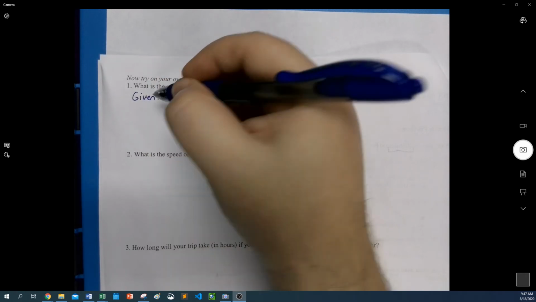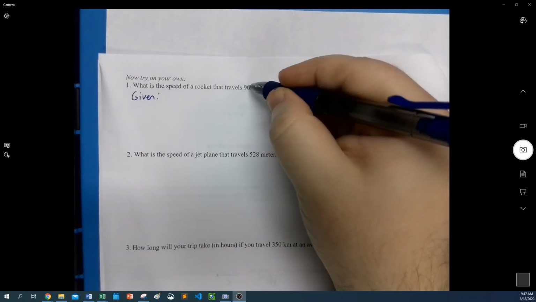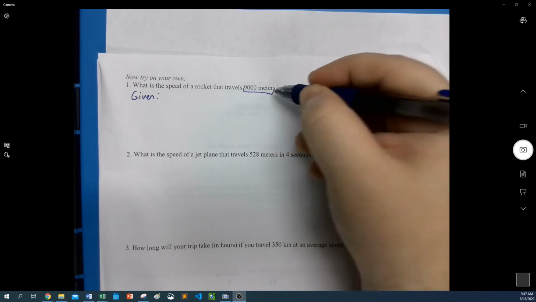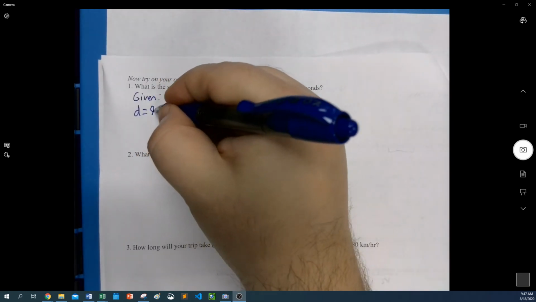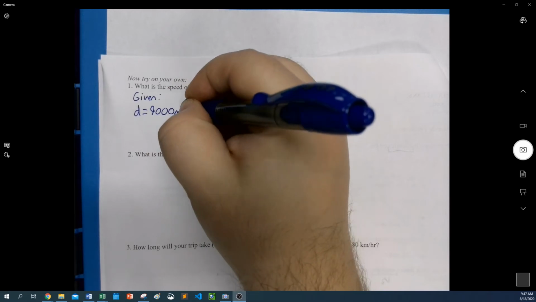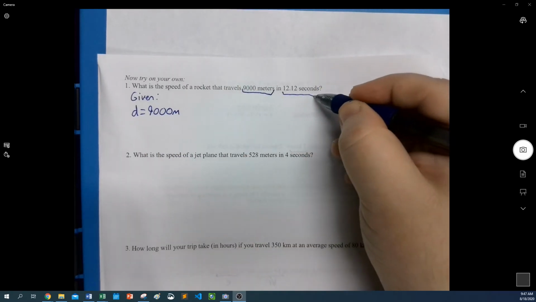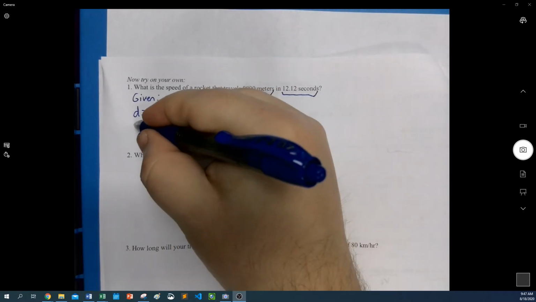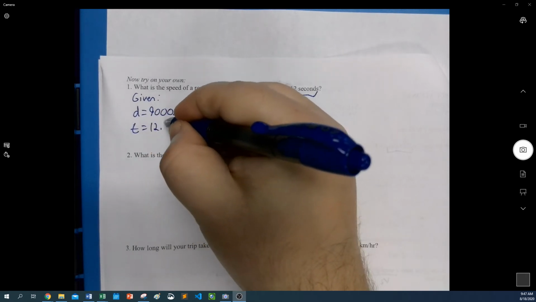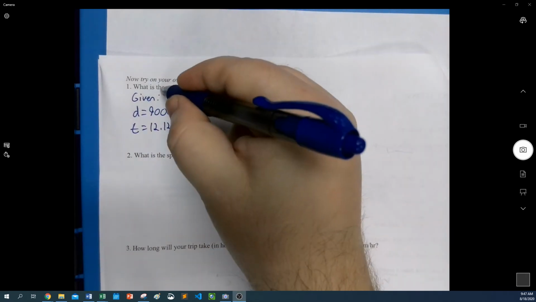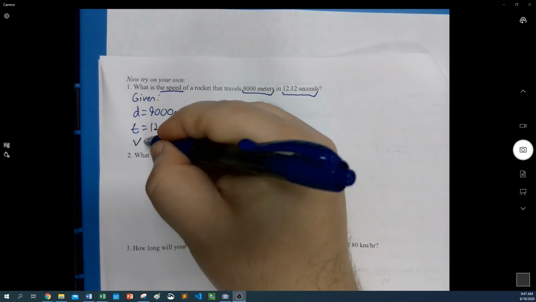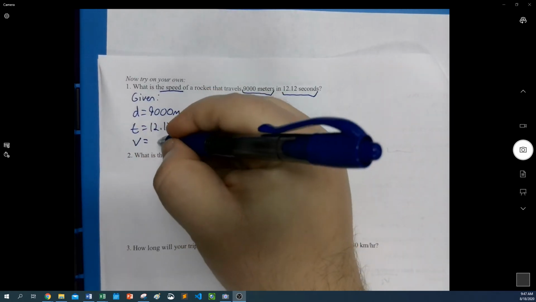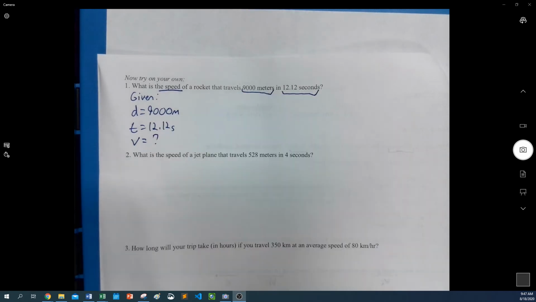So, first thing we're going to do is identify the variables. 9,000 meters, that's your distance. Your time. And we're looking for speed. So speed, and we usually use V for speed and velocity. So we're looking for that.